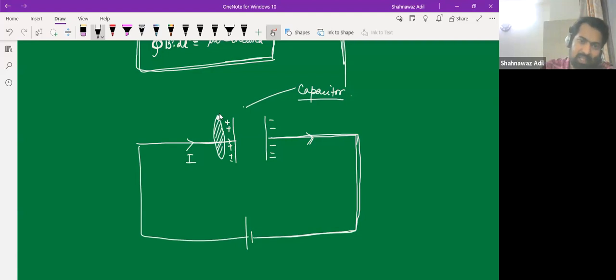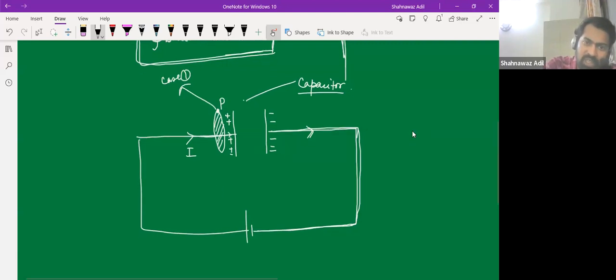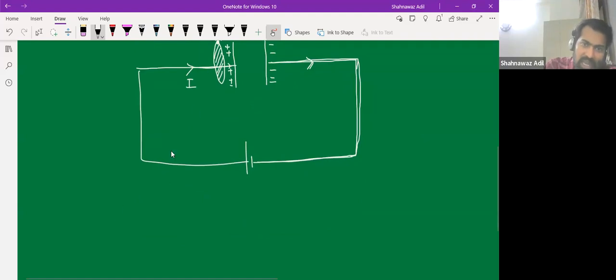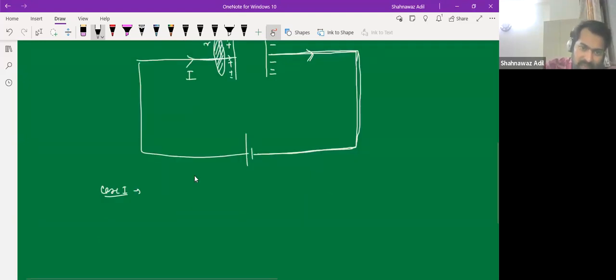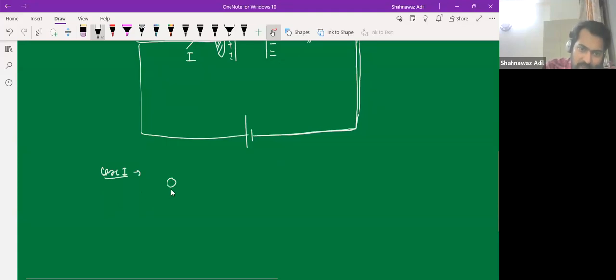So let's say this is point P, and this is case one. If I use the Ampere circuital law for case 1, and let's say this radius is r, then this would be B dot dl equals mu naught I enclosed.